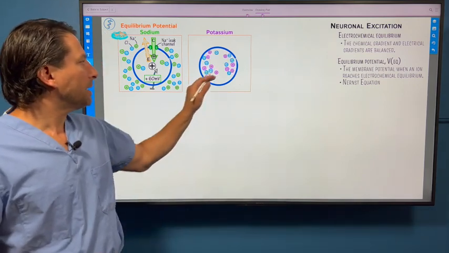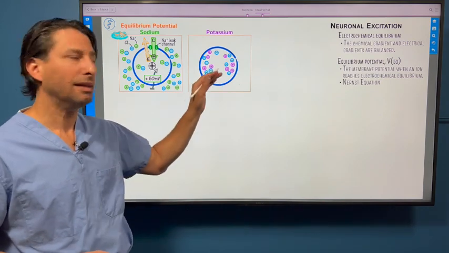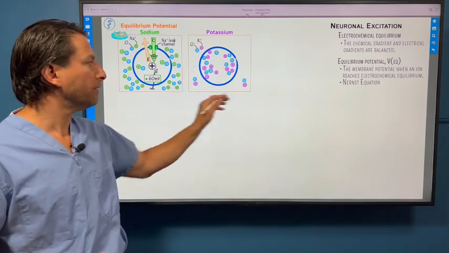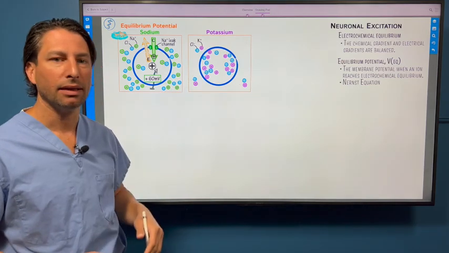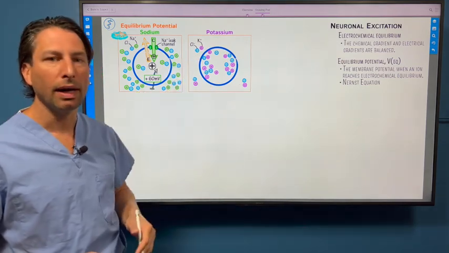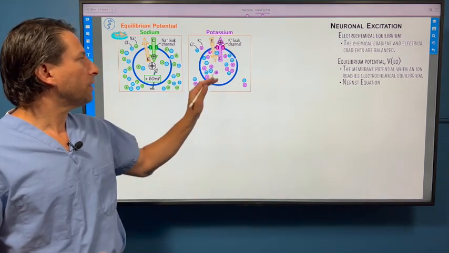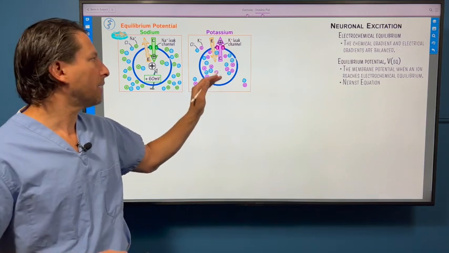From a potassium standpoint, as we mentioned, there's high levels of potassium within the cell and there's low levels of potassium outside of the cell. You'll notice that all these ions are counterbalanced by a chloride ion, which is negatively charged. So similar phenomenon, only the opposite directionality.